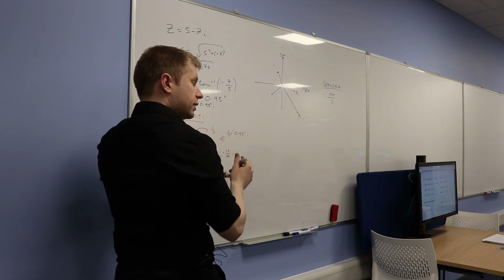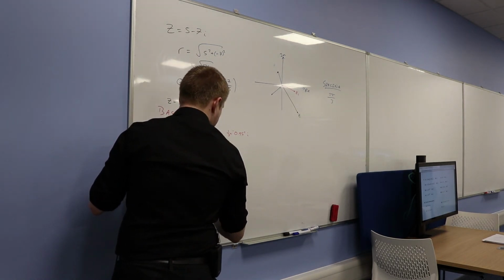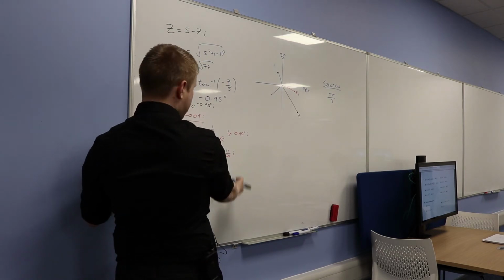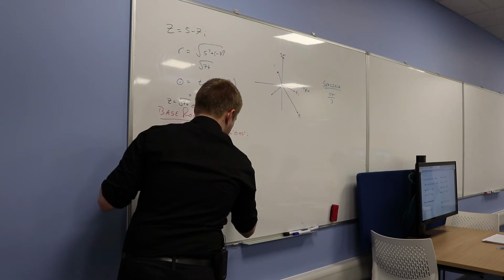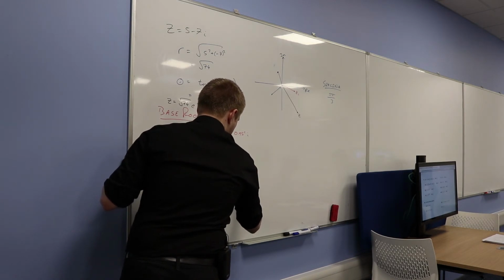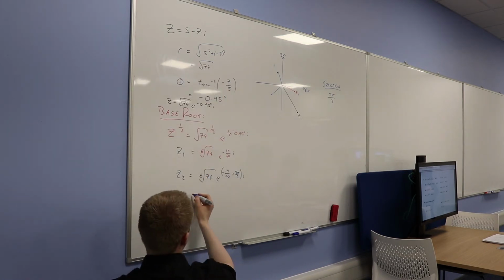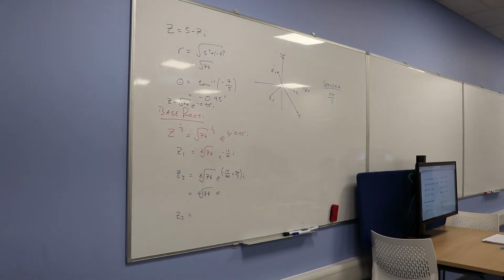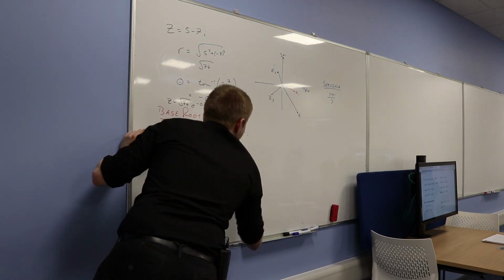So z2 will have the same modulus, e to the power of, you just take that and you add 2 pi by 3. So what's that going to be? 1.77? Maybe. Okay, I'll go with it because it does seem reasonable.